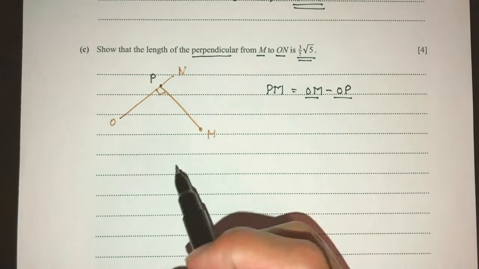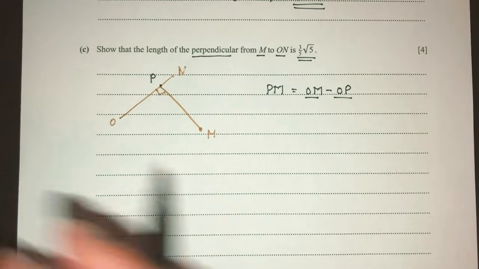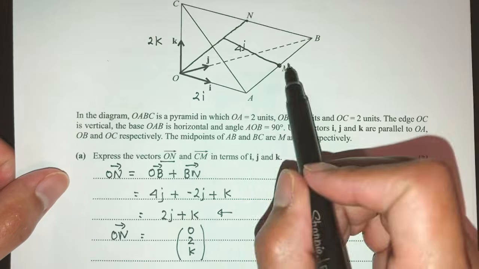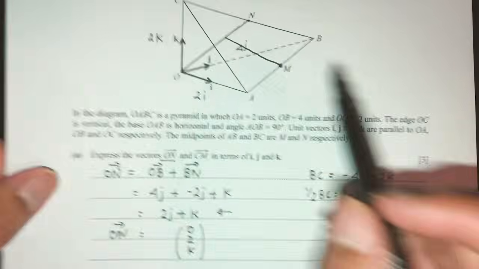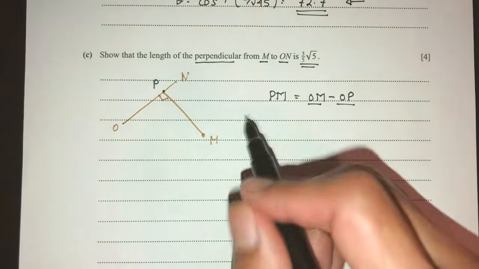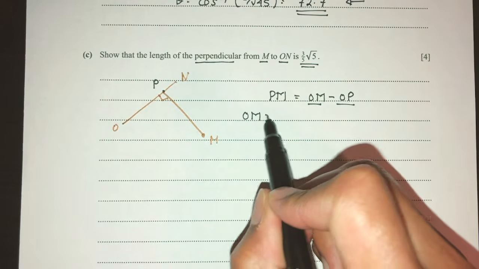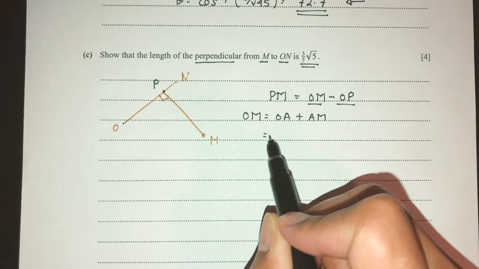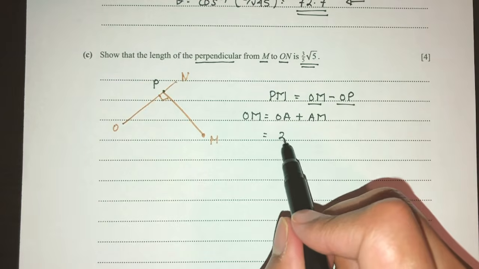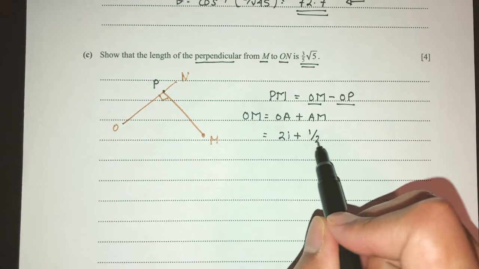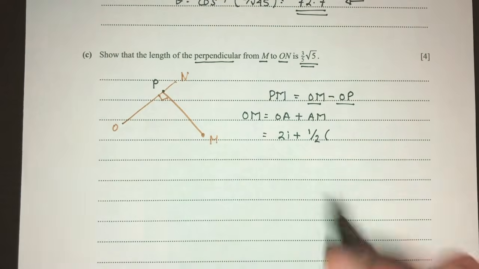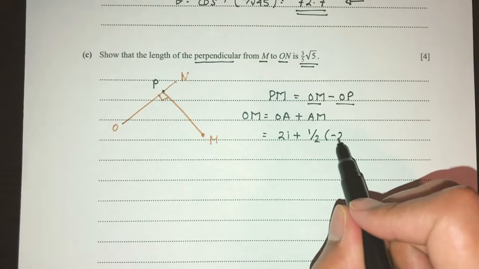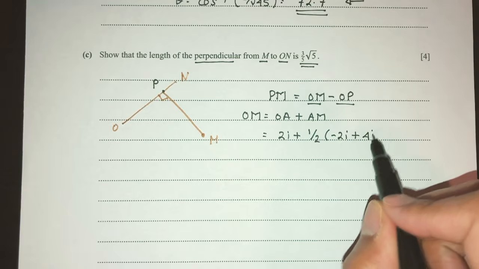So how do you find OM? Going back to your diagram, OM is equal to OA and AM. So let's find the value first. OM is OA plus AM. OA is given to you as 2i. AM is half of AB, which is half of minus 2i plus 4j.